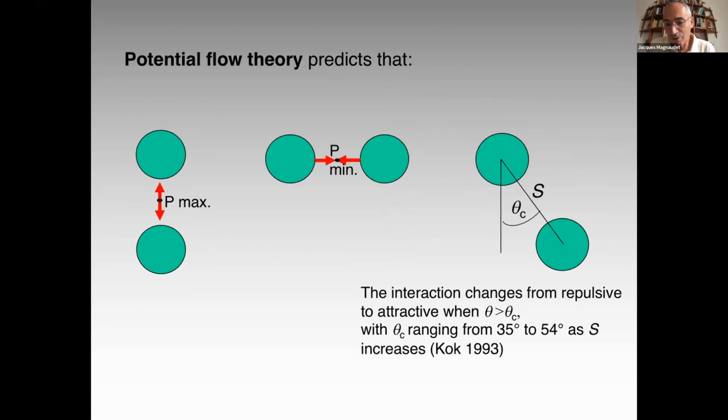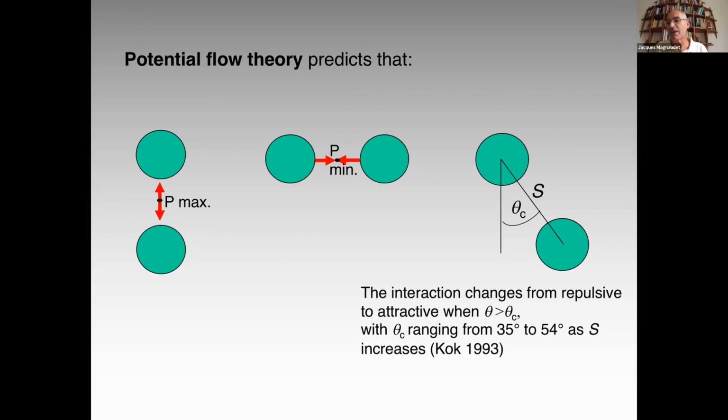So if we look at the predictions of potential flow theory in these two configurations, what this theory tells us is that, for instance, in the inline configuration, there is a pressure maximum in between the two bubbles, and so this yields, of course, a repulsive force. Conversely, in the side-by-side configuration, because the flow is accelerated in between the two bubbles, there is a pressure minimum there, and the two bubbles are attracted toward each other.